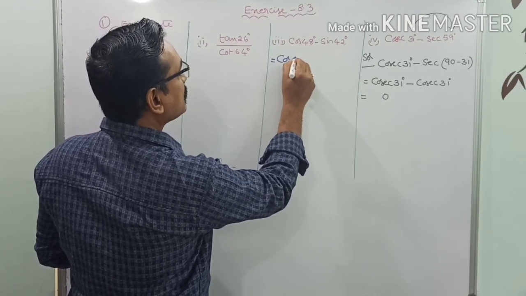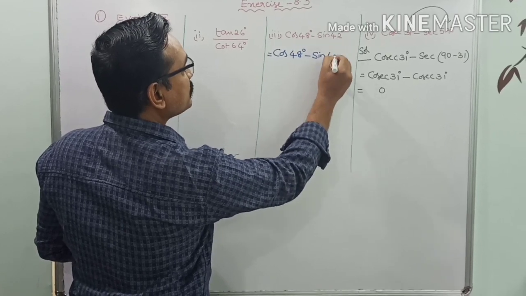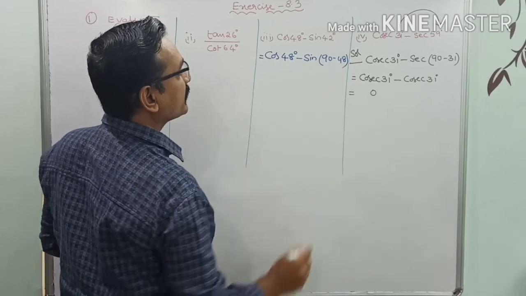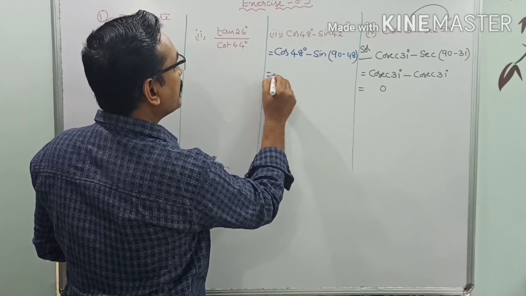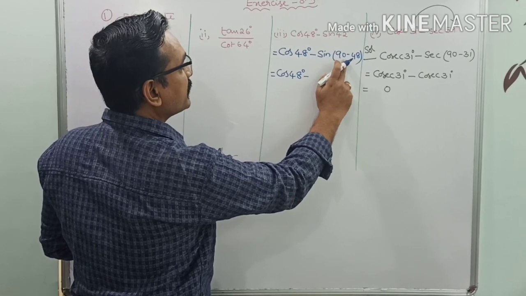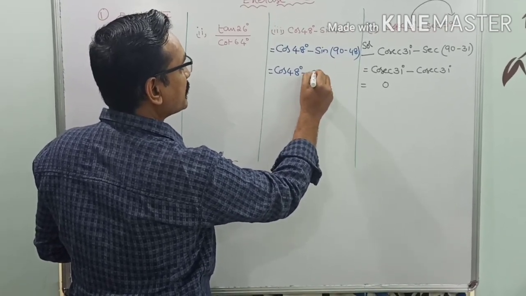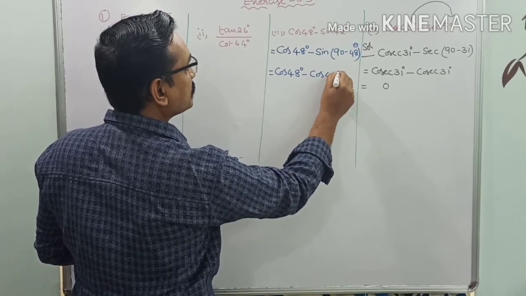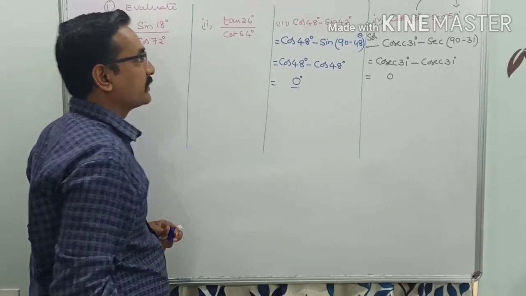Cos 48 degrees minus sine of 42, which we can write as sine of 90 minus 48, since 90 minus 48 equals 42. Sine of 90 minus theta equals cos theta, so here with theta equal to 48 we get cos 48. Now cos 48 minus cos 48 is 0.